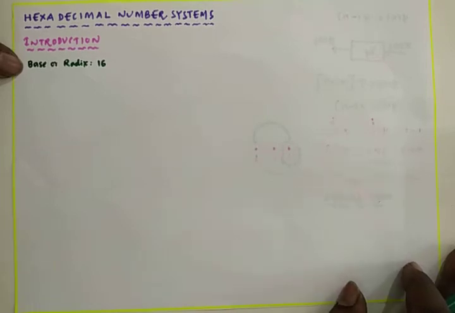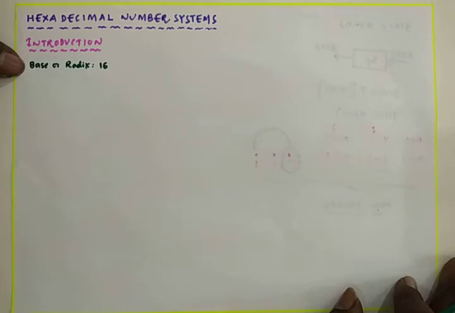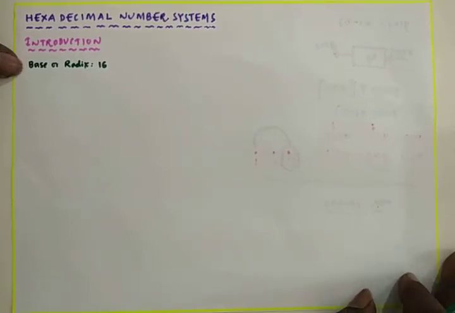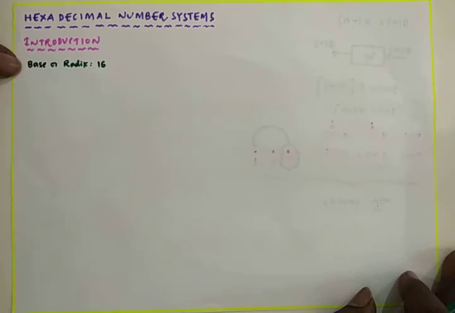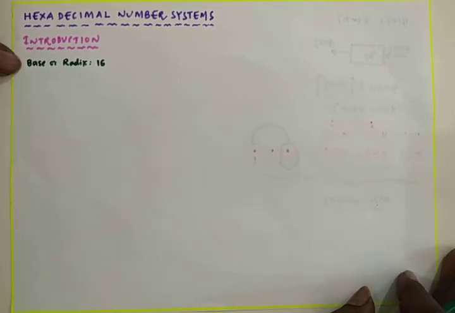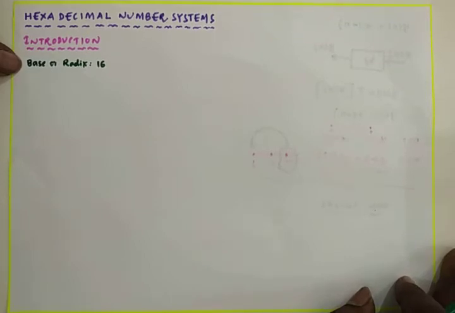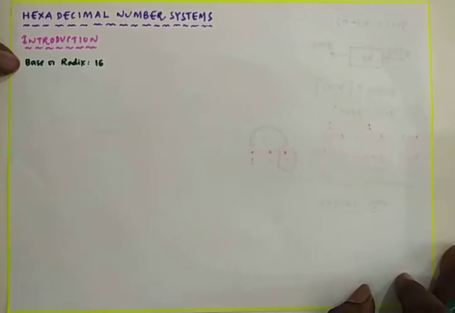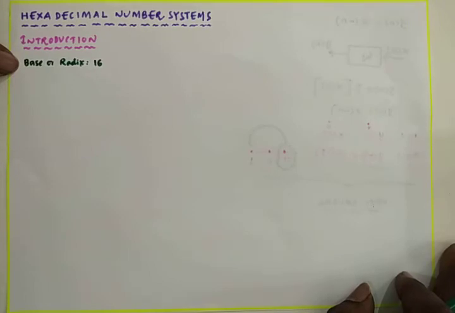In the previous classes we studied some properties of number systems. Any number system starts with 0 and the last digit is the base minus 1. We can apply the same property to the hexadecimal number system.